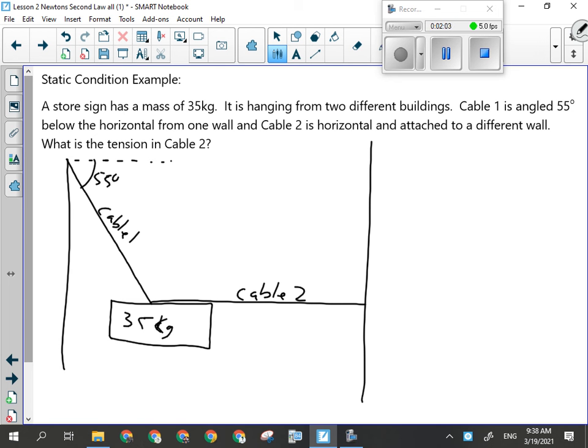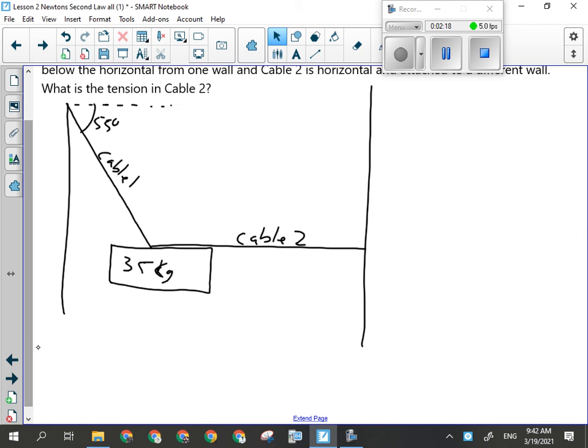You're going to have to do a little bit of vector stuff to do that. Okay. So we have to look at this from a vector perspective. We have a force that is pulling down, straight down. The force of gravity.